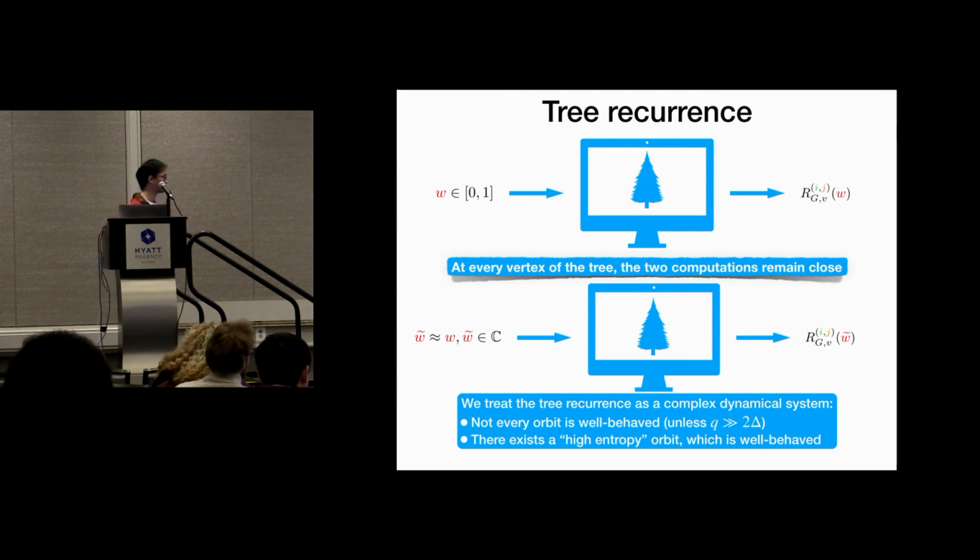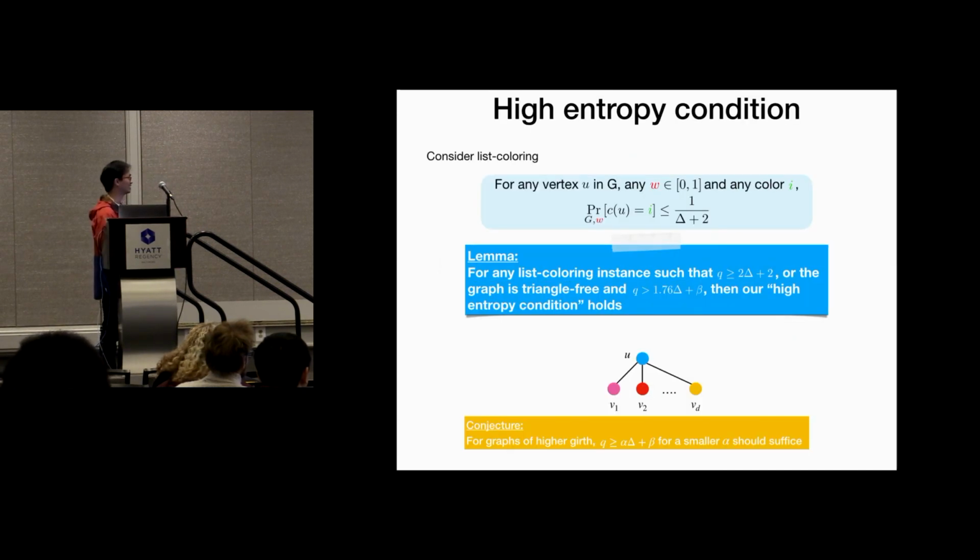But there exists a high entropy orbit such that they don't diverge when you change the parameter just a little bit. This high entropy condition is essentially captured by the fact that when you have enough colors, the marginal distribution has high entropy.